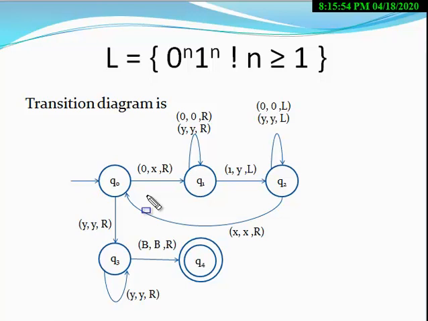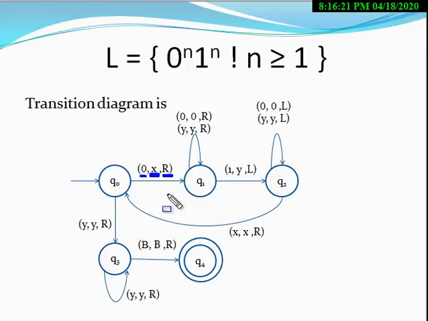As soon as a 0 input symbol appears on the tape, the machine changes its state from Q0 to Q1, 0 is replaced by X, and the machine moves in the right direction. So these three actions will be applied here.